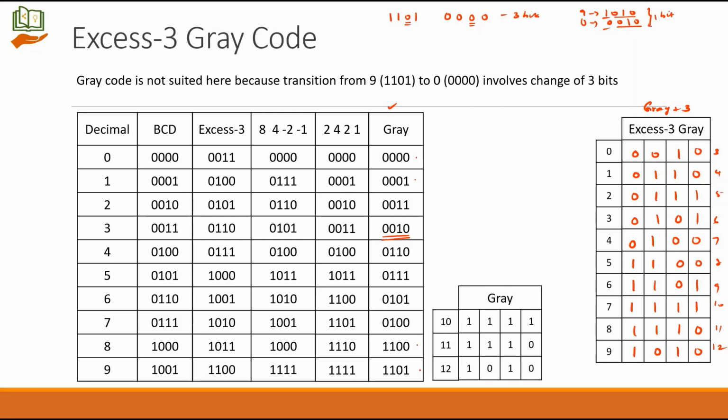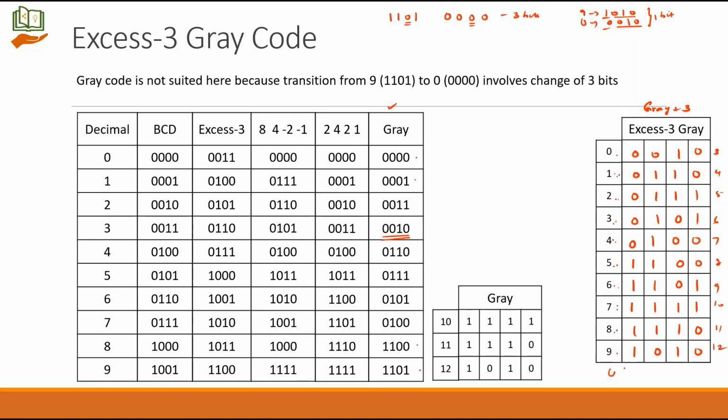Does this follow the gray code rule? Yes, it is following. When we take 0 and 1, only one bit is differing. 1 and 2, only 1 is differing. 2 and 3, only 1. 3 and 4, 1 bit again. 4 and 5, 1 bit again. 5 and 6, 1 bit again. 6 and 7 has also only 1 bit differing. 7 and 8, 1 bit again. 8 and 9, 1 bit again.